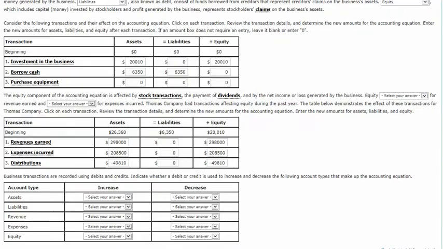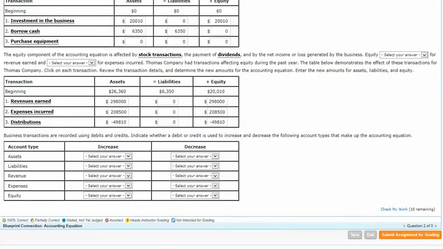So let's go back down here, and it says assets increase with a debit. They're going to decrease with a credit. Liabilities are on the right side of the accounting equation, so they increase with a credit and decrease with a debit. Revenue is on the right side of the equation and increases our equity, so it's going to increase with a credit.